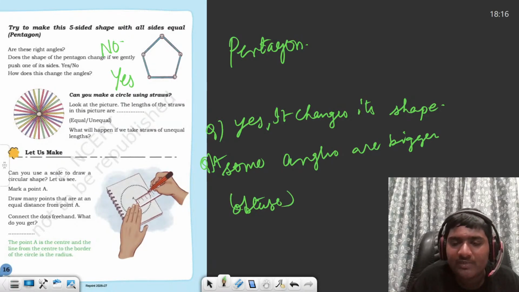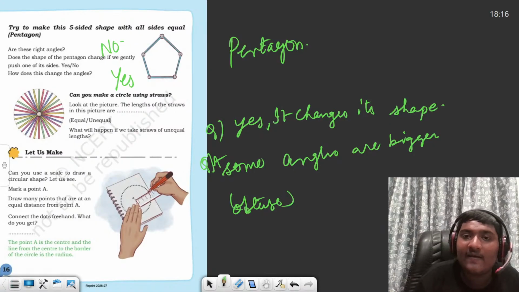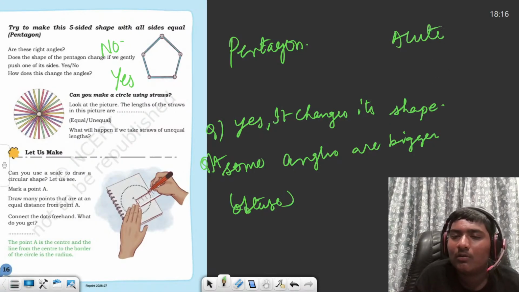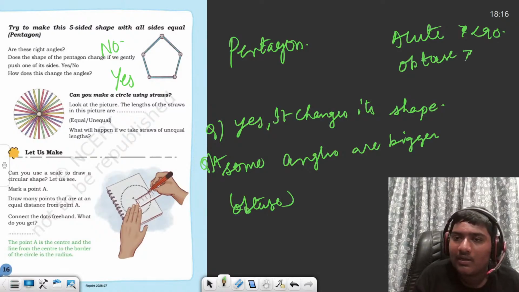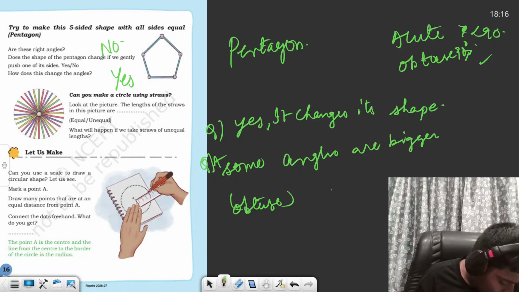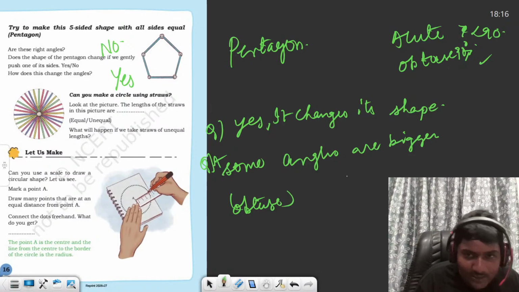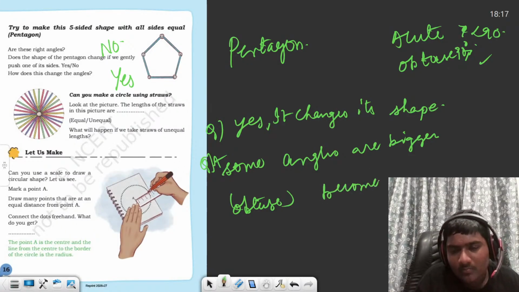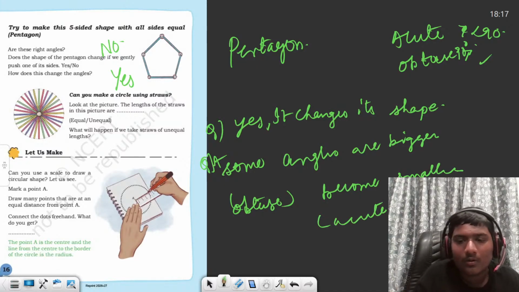Acute means less than 90 degrees. Obtuse means greater than 90 degrees. Make sure not to make any mistakes. You can do this as a home task.